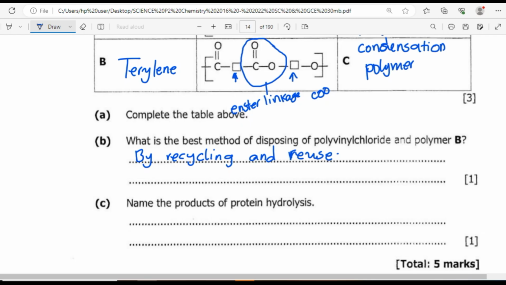Protein hydrolysis is what happens if you add water to a protein. So protein plus water will give you amino acids. So the answer here is just amino acids.